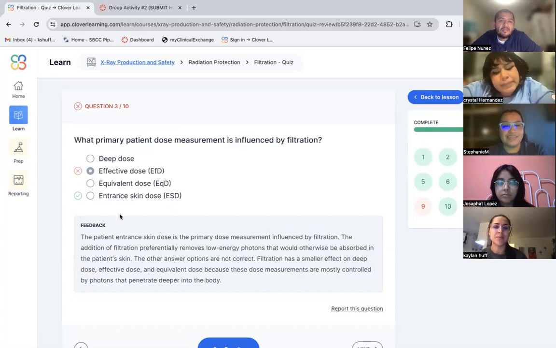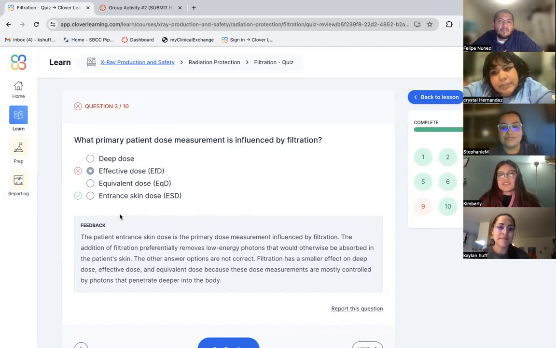Does anyone know why it's specifically the skin dose? I would think the entrance skin dose because of the filtration. It blocks out, like the water filter, taking out the bad and leaving the good. So it's the bad that goes from the skin dose, kind of like the scatter. And I guess filtration might remove some of the low energy photons, but it won't remove all of them.